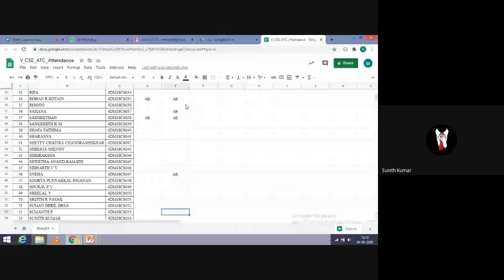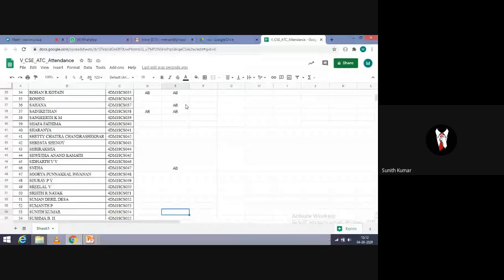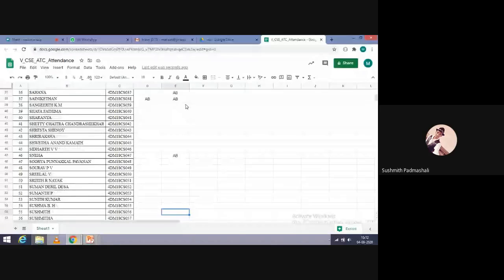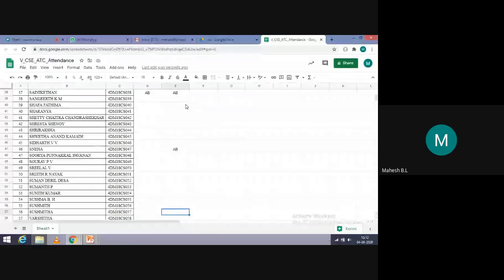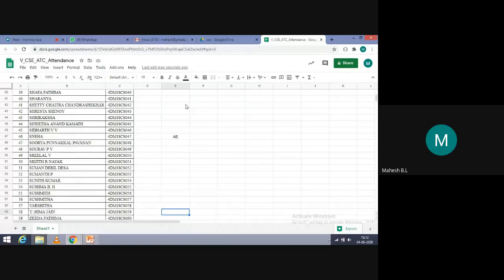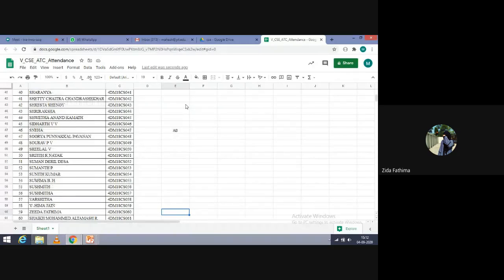Sunit, present, sir. Sushma, present, sir. Smith, present, sir. Sushmita, present, sir. Darshita, present, sir. Hima, present, sir. Zida, present, sir.